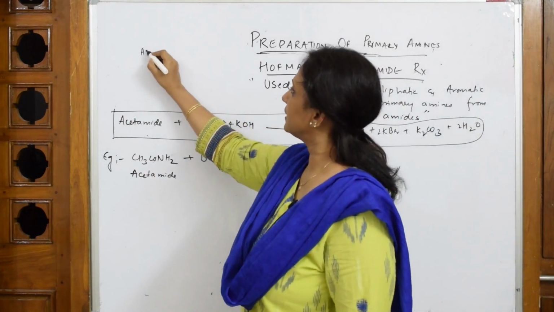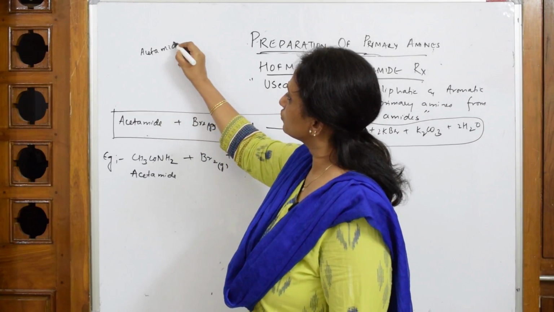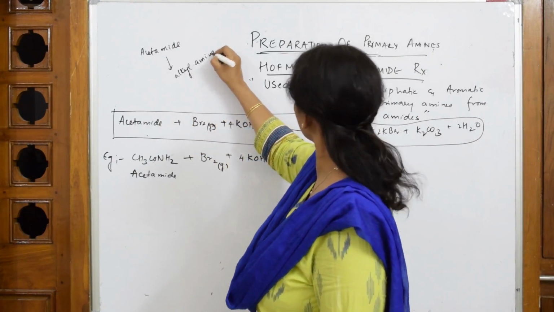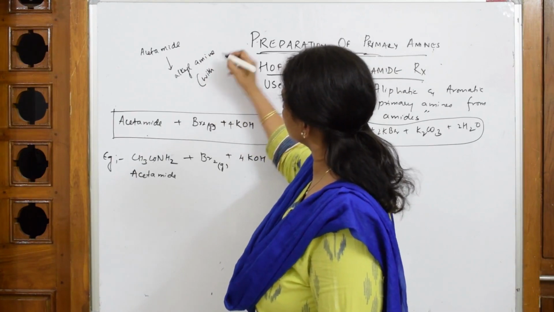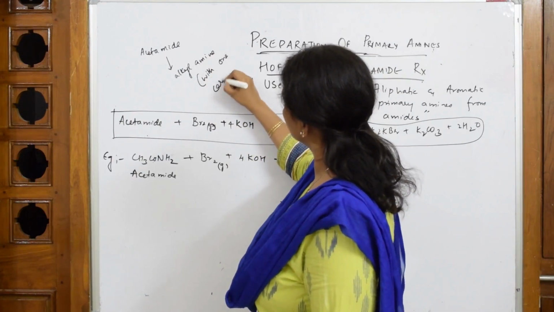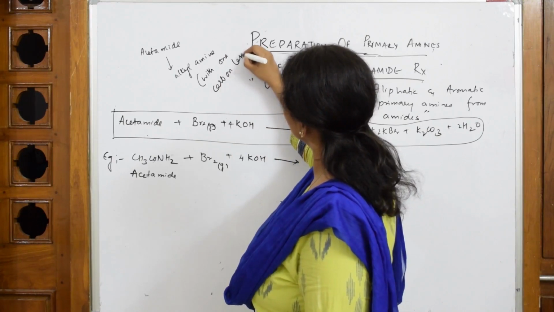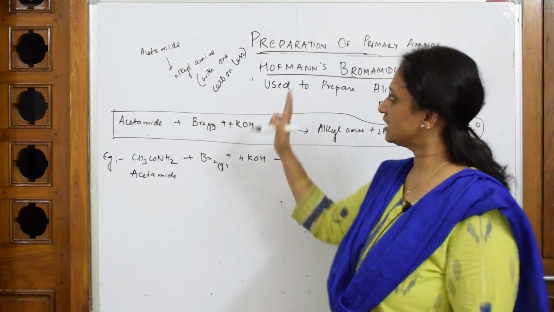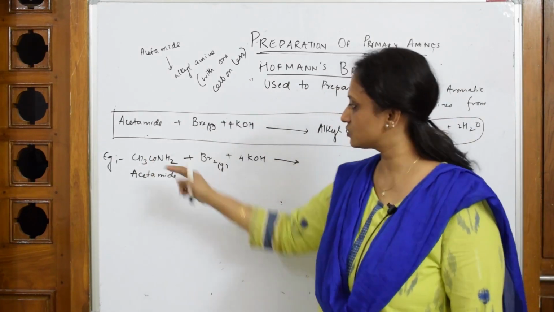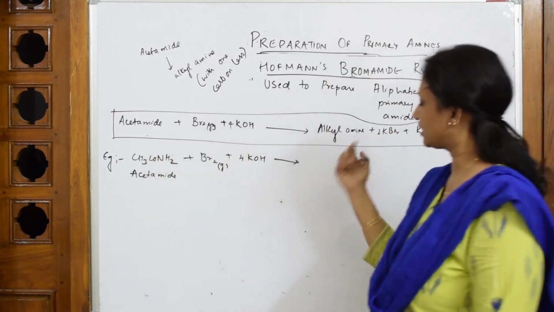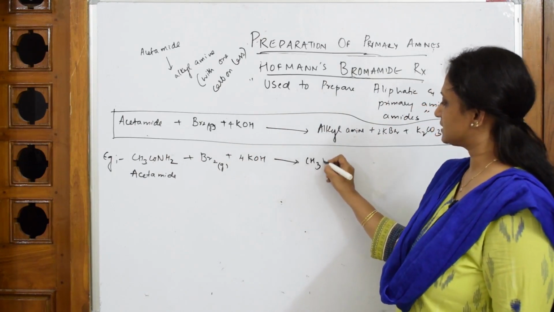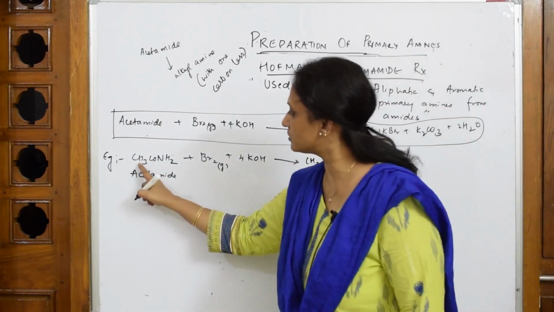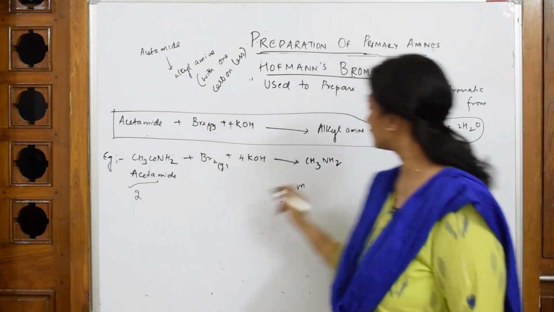Acetamide to alkyl amine with 1 carbon less. This is very important. Don't blindly write carbon less when you see amide. Don't reduce it and please don't do it. 1 carbon less amine should be prepared. So now how many carbons do you have? 2. Now take out 1. This will become CH3NH2. This is 1 carbon less, isn't it? This is 2 carbons here, 2 carbons here. This is 1 carbon here.